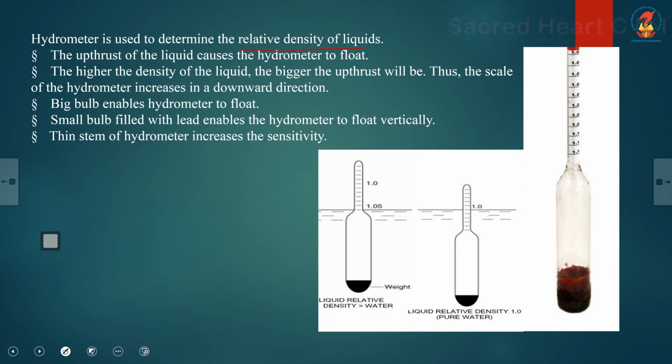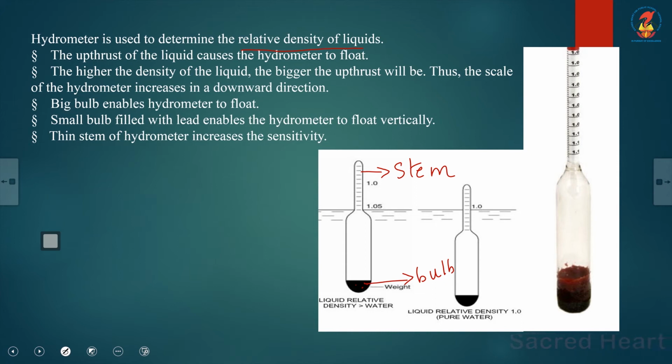It consists of a long cylindrical glass tube, and this part of the hydrometer is known as the stem. At the bottom part it has a bulb, and the bulb is filled with lead shots. On the stem we have a scale.